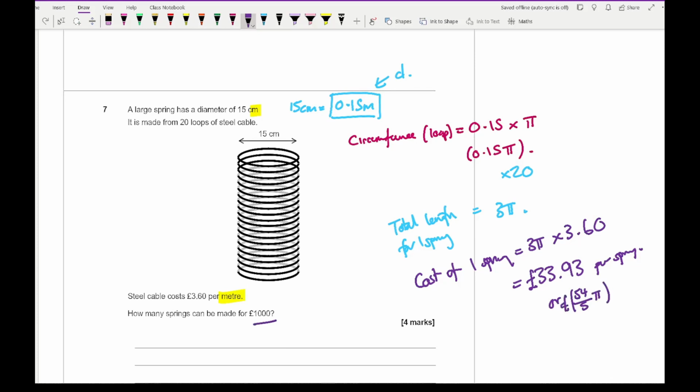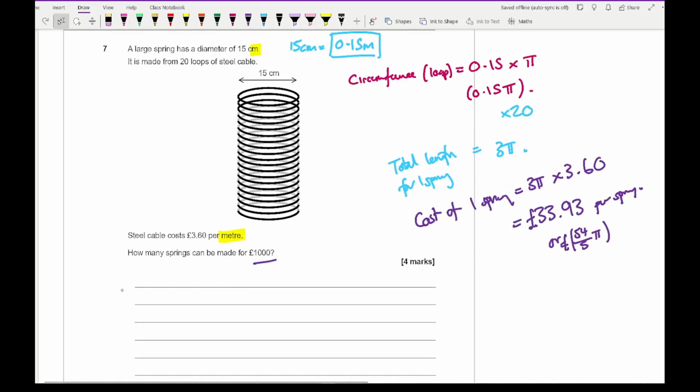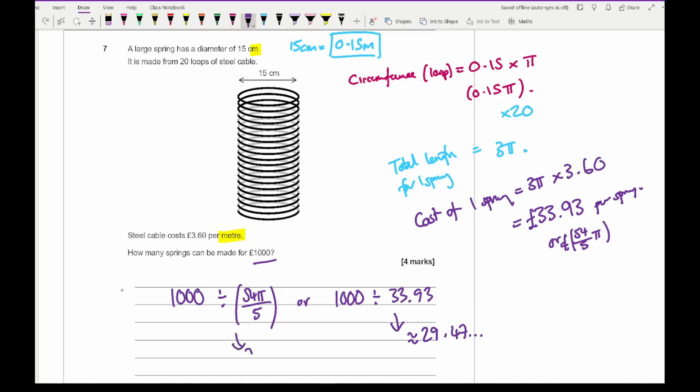Now what I then want to do is see how many I can make for 1,000. So I've just got to divide 1,000 by that answer. So I've got 1,000 divided by either 54 pi over 5, or I can write 1,000 divided by 33.93, and if I do that I get an answer of, rounded, 29.47, and if I did 1,000 divided by 54 pi over 5 on the calculator, I get roughly the same answer, in which then how many can I make?